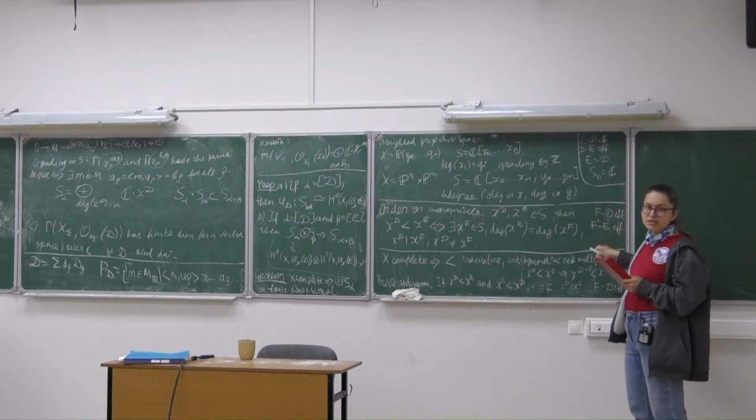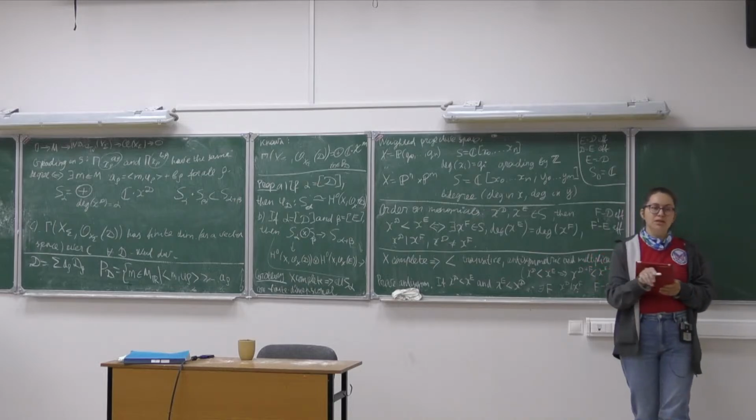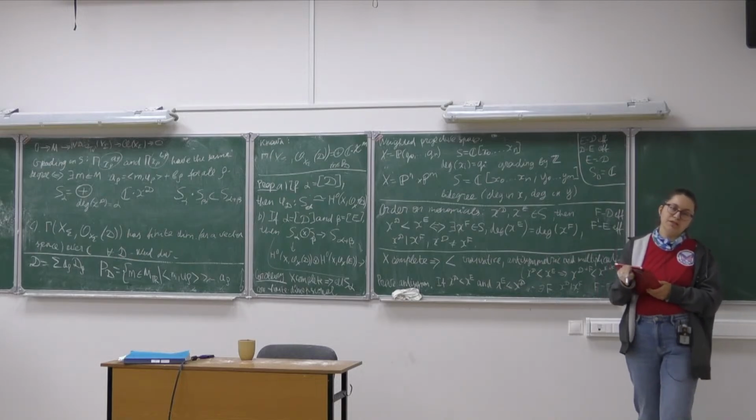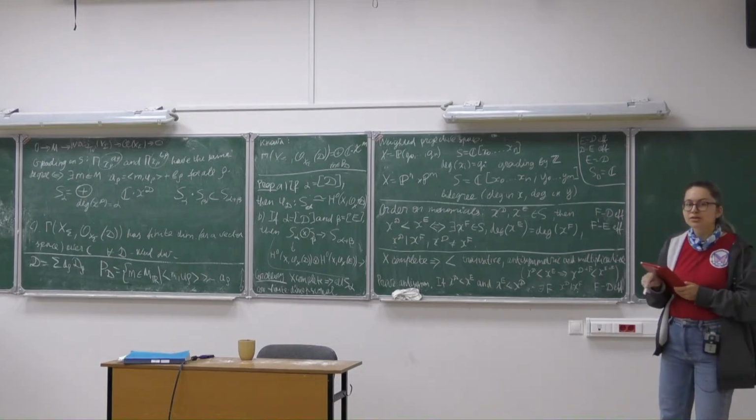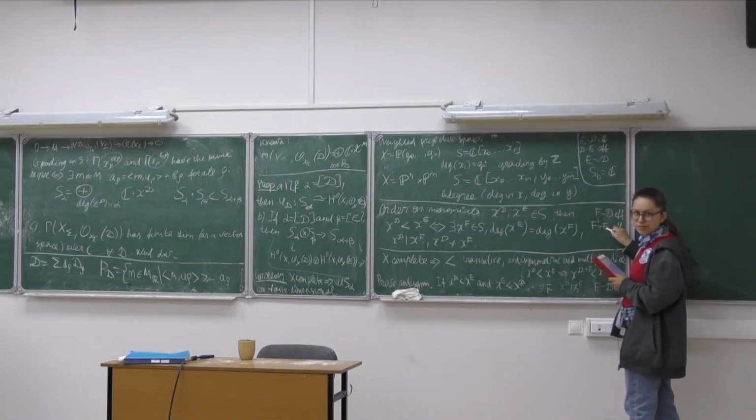Yes. So if we sum them up, then we obtain an effective divisor of degree 0. The degree of a divisor is just the sum of the integers. Yes. So these two degrees coincide. Okay?